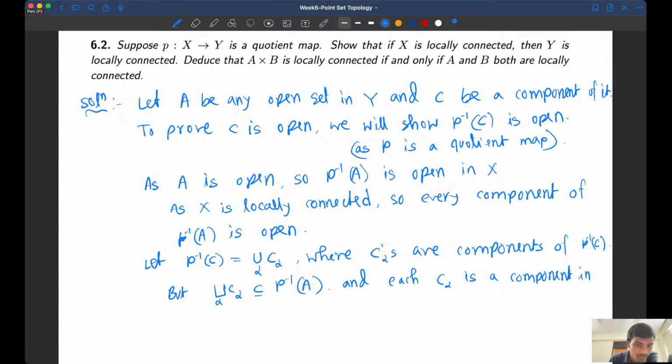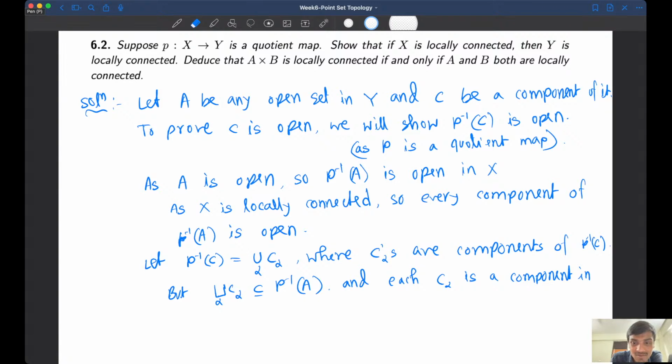Not sure. P is a quotient map, which means continuous and surjective, so we have used both things. Hello. Yeah. Sir, X is locally connected. So X is locally connected, and C alpha is a component, so C alpha is open in X. Yeah. And an arbitrary union of.